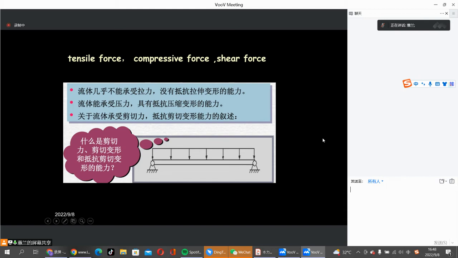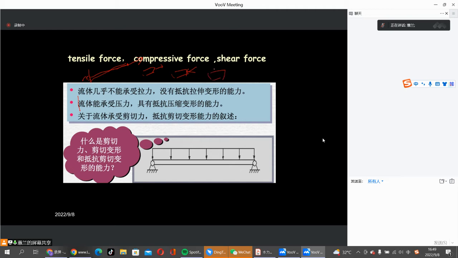We know that from material mechanics. If there is a slim cylinder and we pull it, there will be tensile force. There will also be compressive force, and also shear force.